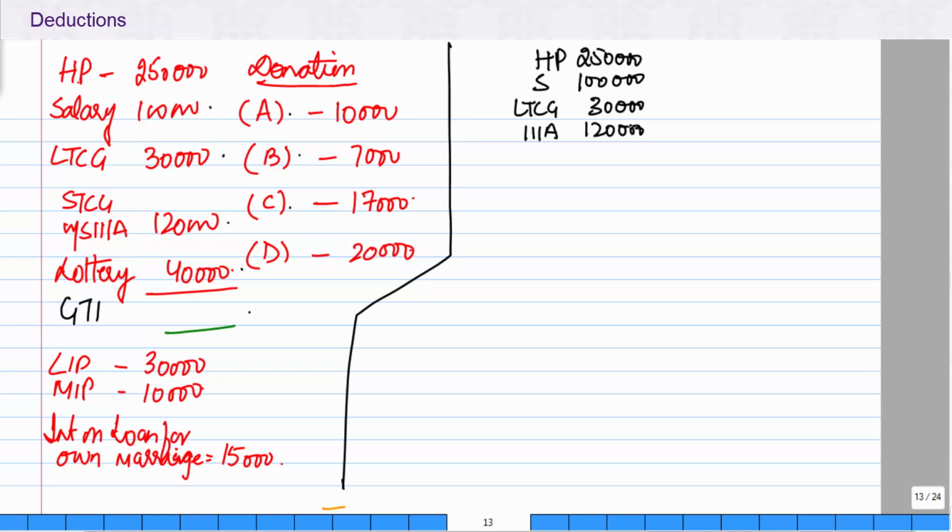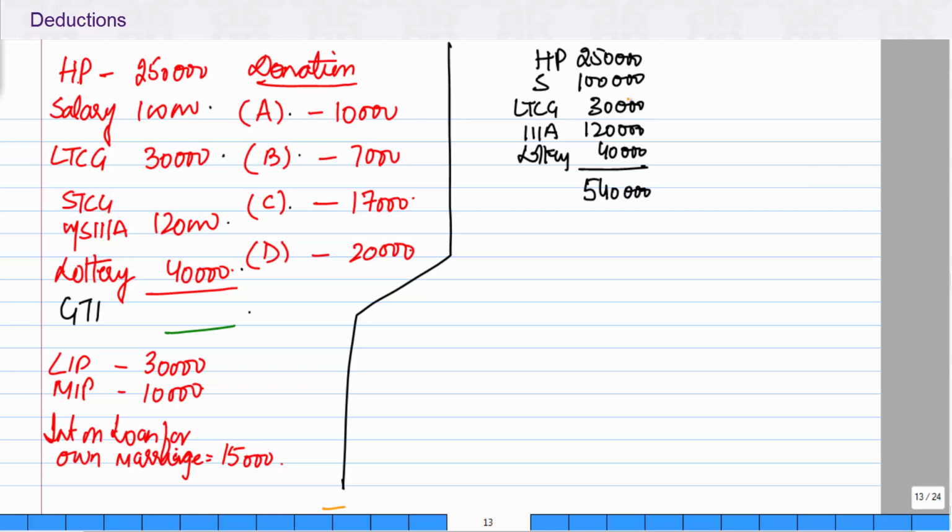We all know it is taxable at 15%. And of course, we have lottery, which is 40,000. So if I add this, I get 5,40,000 as GTI.